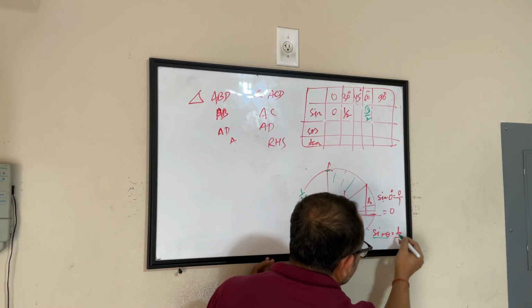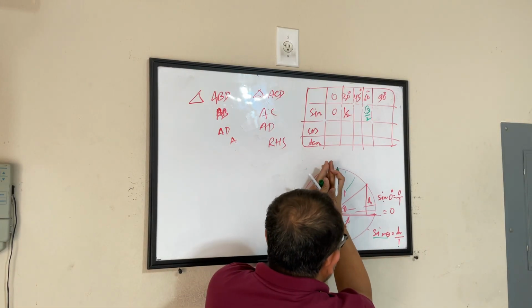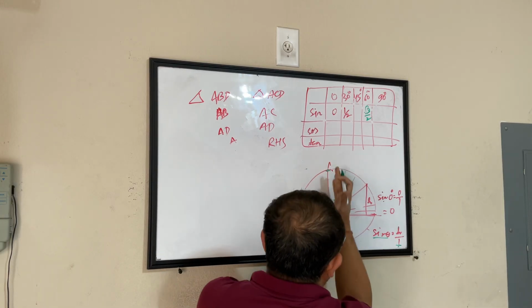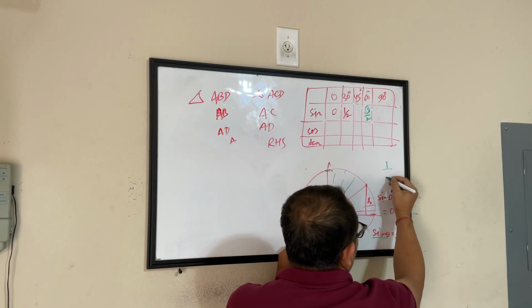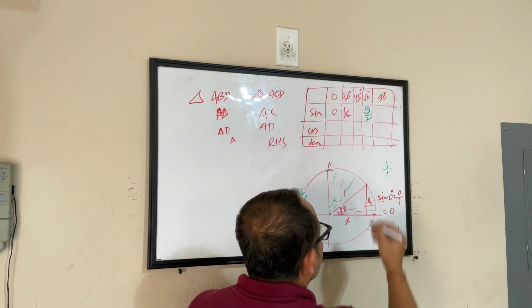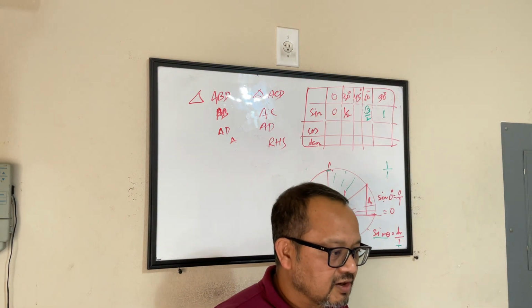Any sine theta is height divided by hypotenuse. So when this coincides, what is your maximum height? Same as the radius, 1. So it becomes 1 divided by hypotenuse. Your hypotenuse is not changing, that remains 1. So 1 by 1. That is how sine 90 is 1. Agreeable or not?